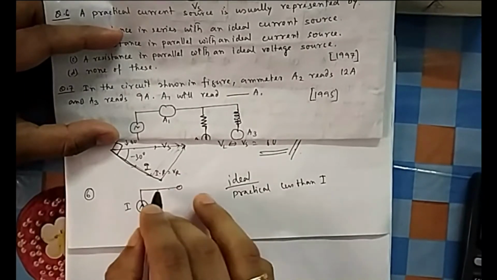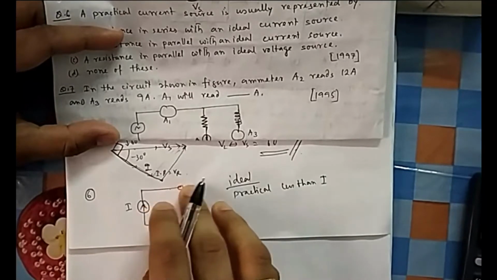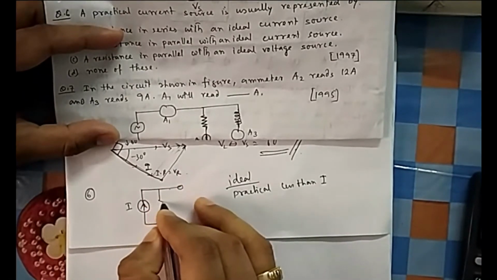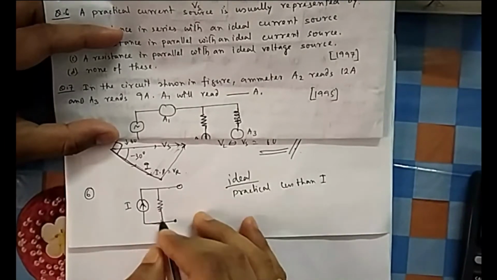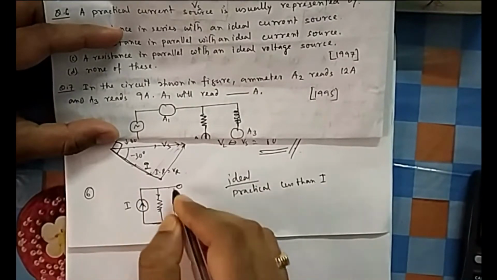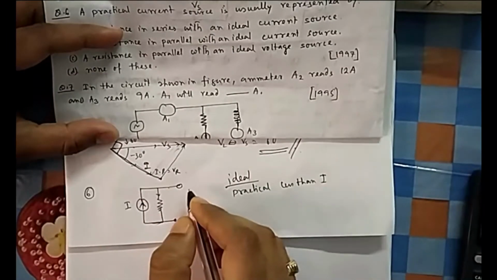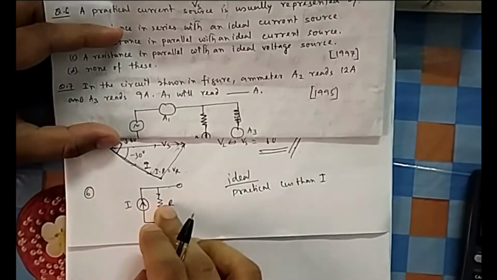It has found another path, so that through that path it returns without coming out. So that's why you have to think of a resistance connected in parallel, so some of the current will flow through this and will not come out. That is why it is a resistance in parallel with an ideal current source.